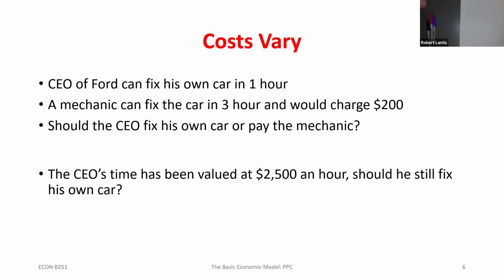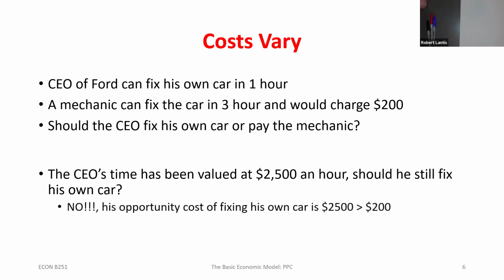So we'll start to talk about absolute and comparative advantages. Just because I have an absolute advantage, I can fix the car quicker, that doesn't mean I can fix it at a lower cost. So absolute advantage would, in this example, mean I can fix the car quicker. Comparative advantage means I can produce it at a lower cost. See, the CEO here, what would it cost them? $2,500. Their time is very valuable.